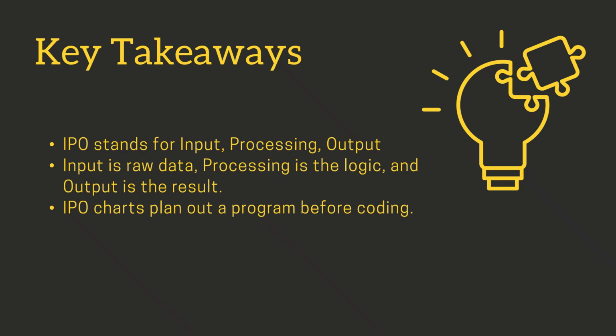So your assignment is to create an IPO for a fictional bakery, Sweet Treats Bakery. I want you to be detailed in your input, list every processing step clearly, and make sure that your outputs are meaningful. If you can master IPO charts, you'll have probably one of the most important skills in programming logic.